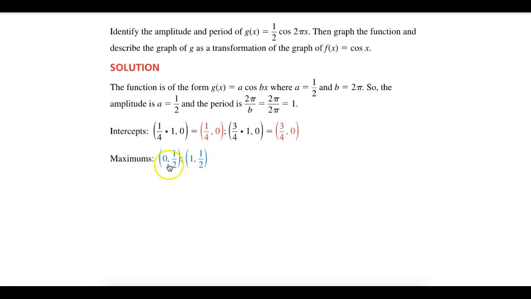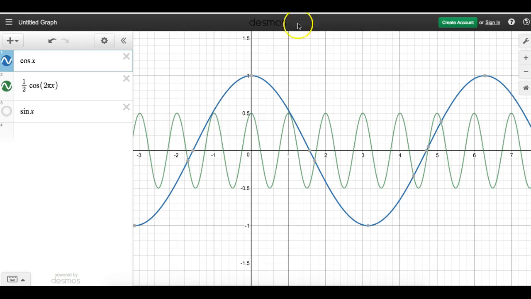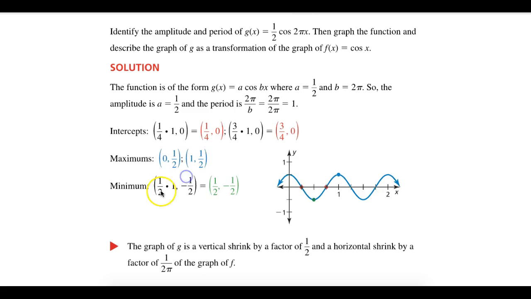Our maximum is at our starting point, so 0, and the end of our period. If you go back here, our maximum is at the start of our cycle and the end of our cycle, so at x equals 0 and x equals 1. Our minimum is going to be halfway through, so at x equals 1/2, with a value of -1/2.